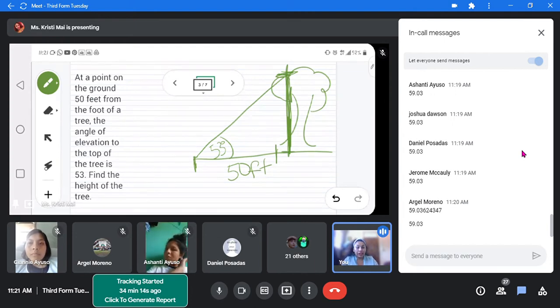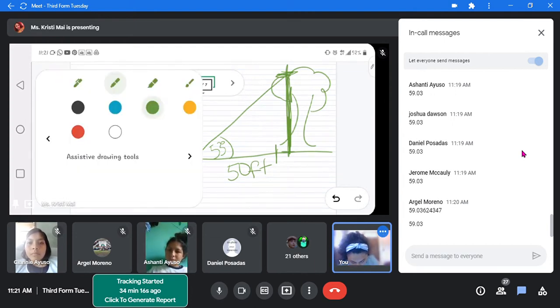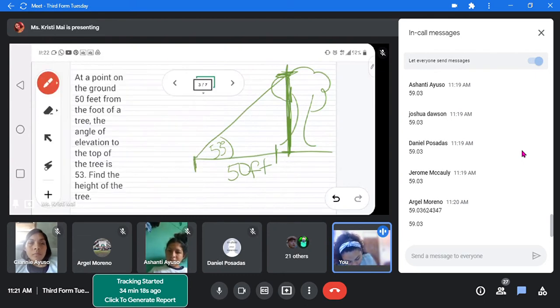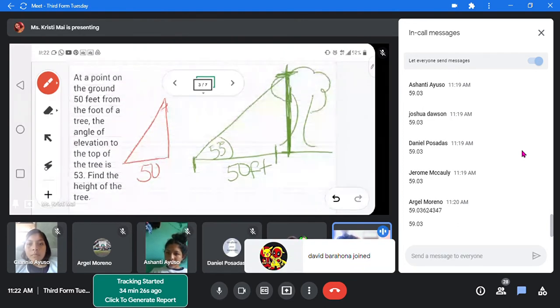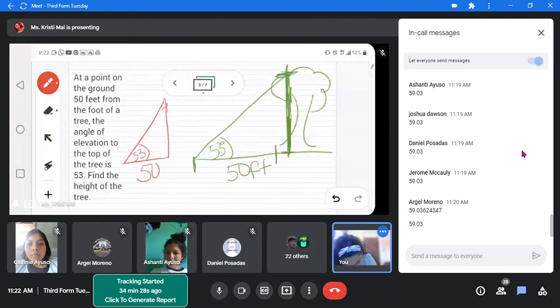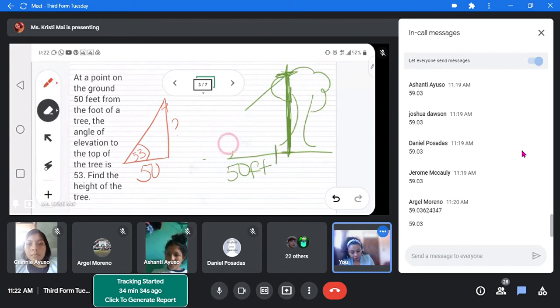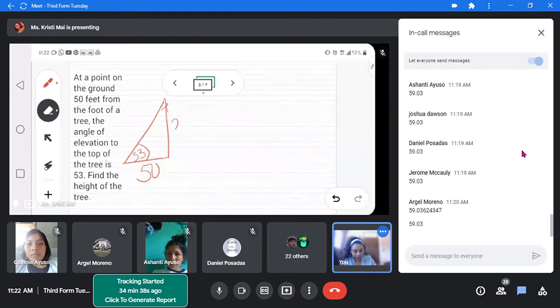Everybody understood that one? So I'm going to create a triangle. Alright. This is 50. This is 53. And then this is what I am looking for. Okay.